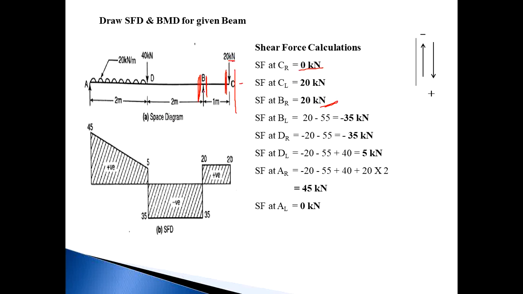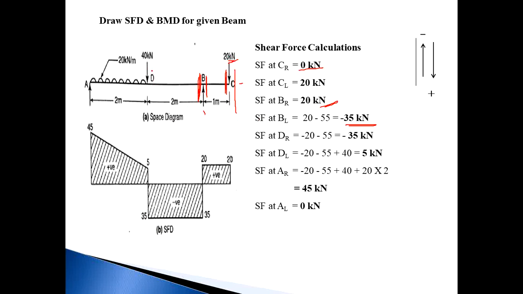Now the number of forces on the right side is 2: the first is 20 kilonewton, the second is RB. The 20 kilonewton goes in a downward direction, RB goes in an upward direction. So consider 20 kilonewton plus and RB minus. So plus 20 minus 55, and the answer for BL is minus 35.